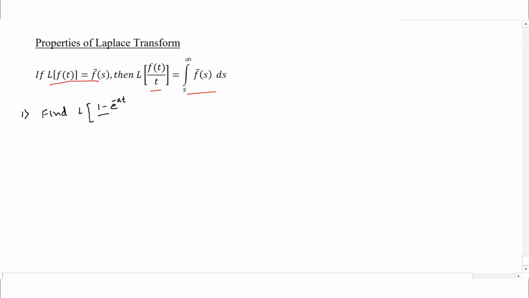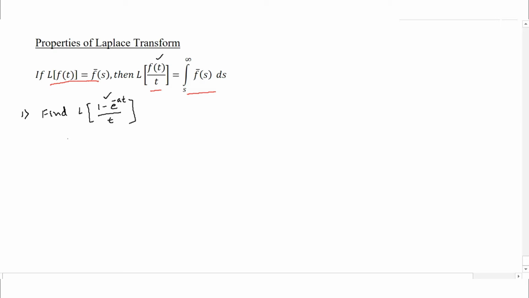Find the Laplace transform of (1 minus e power of minus at) divided by t. If you try to observe over here, in the numerator 1 minus e power of minus at will be acting as your f of t.